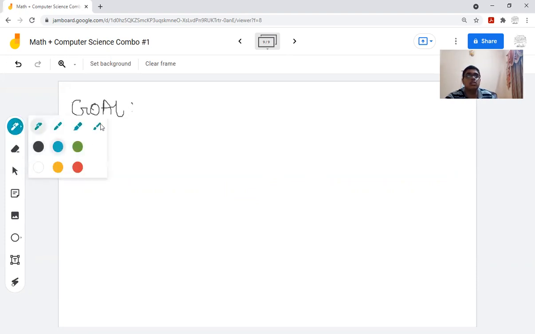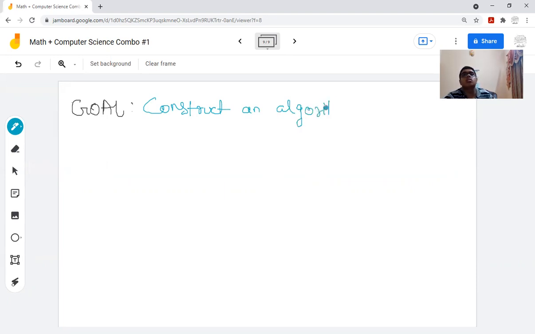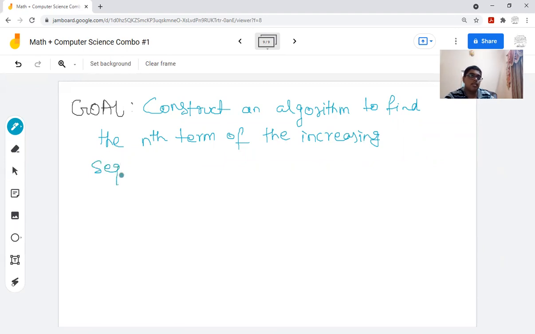The goal is to actually construct an algorithm to find the nth term of the increasing sequence in the previous problem. So this is our next goal.